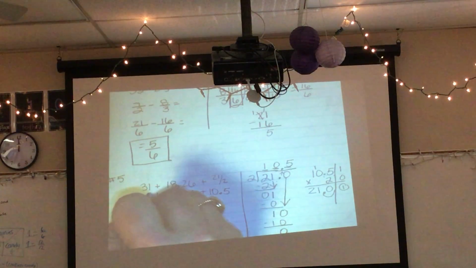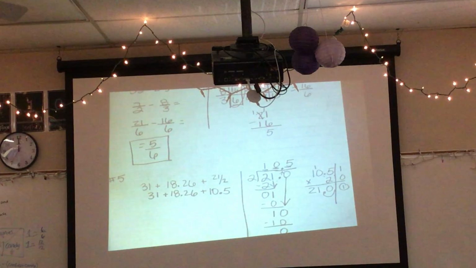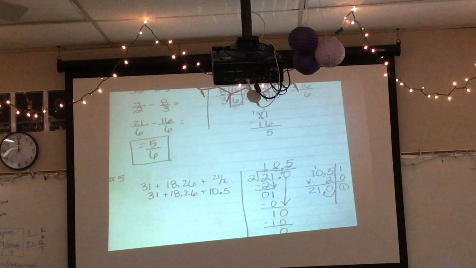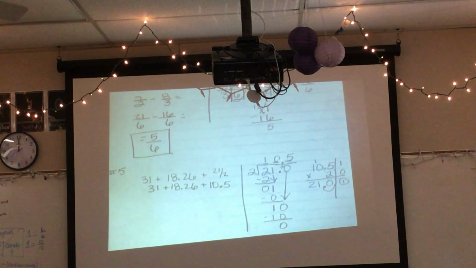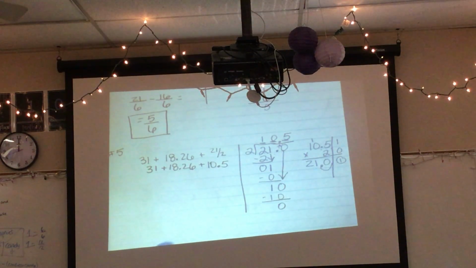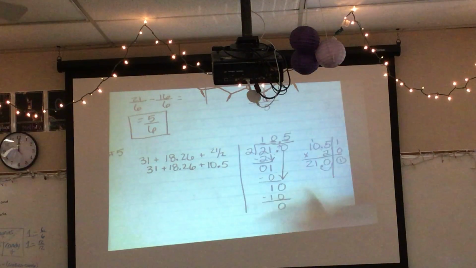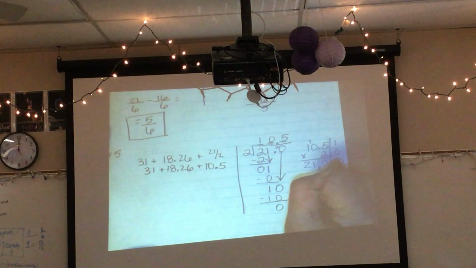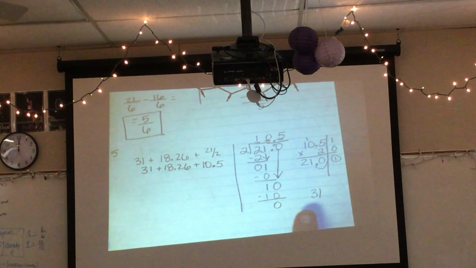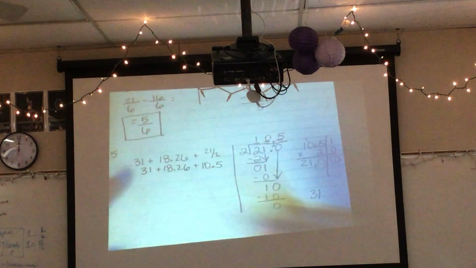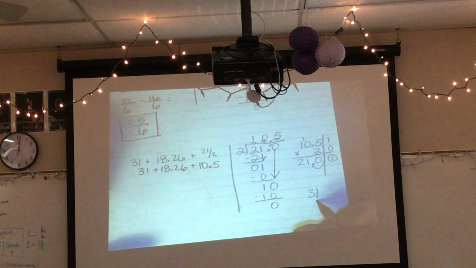What do I have to remember when I add decimals? You need to add a decimal point to one of them that doesn't have a decimal point. So if I have a whole number without a decimal, I've got to add a decimal point. I have to line up my decimals, which lines up my place values. Okay, so I have a number without a decimal point. Is it going to go in front, in the middle, or behind? Behind. This 1 has to stay in the ones place.